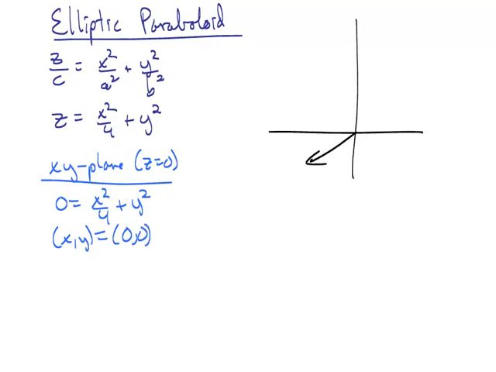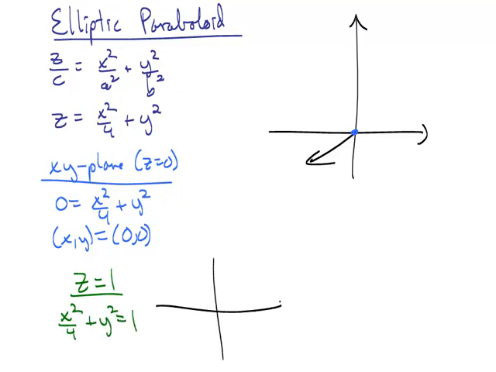So let's start sketching our graph here. There's that point. Now for different heights of z, we're going to get different things. So for example, if I let z be equal to 1, I have x squared over 4 plus y squared equals 1. There's another ellipse. This time it intercepts the x-axis at plus or minus 2, the y-axis at plus or minus 1.